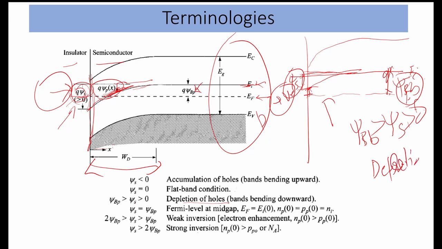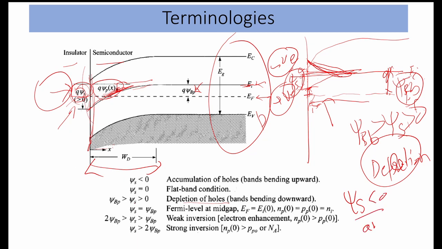And if this psi s is negative, then it is in the accumulation region, because as we apply the negative voltage, holes will be attracted in this direction and these bands will move upward. If the potential at the interface is negative, less than 0, then it is in the accumulation region.